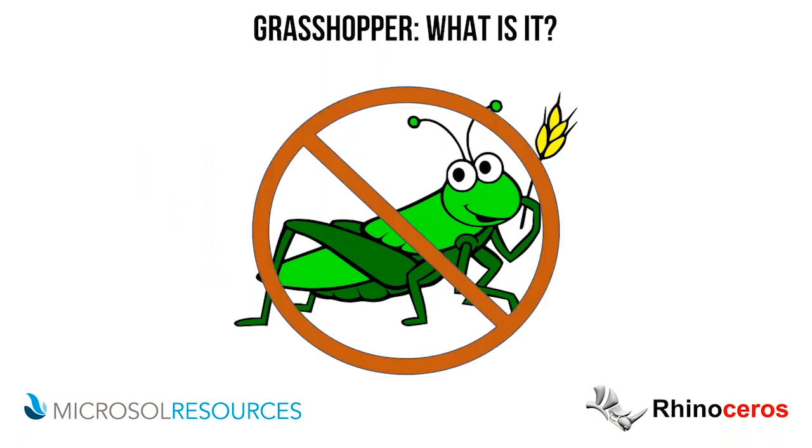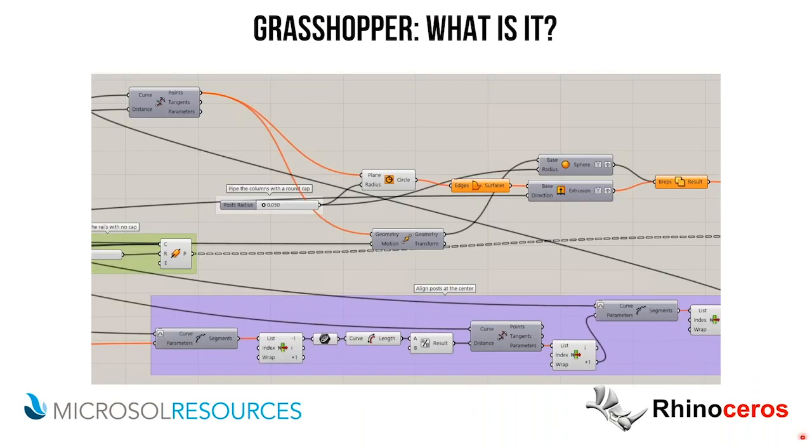Grasshopper is a visual scripting tool. It's essentially a form of visual programming, and it's a way to automate all of the 3D modeling and organization processes within Rhino. So instead of clicking buttons and menus to run operations on a 3D model in Rhino, you can use Grasshopper to link these commands together.